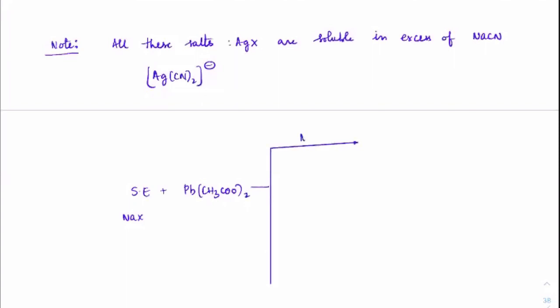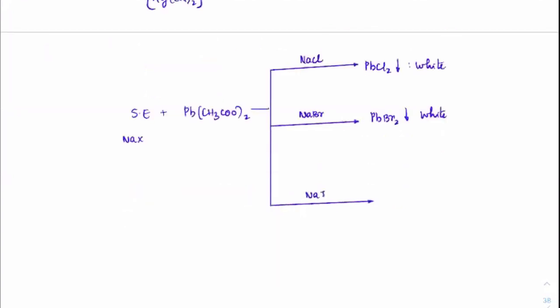If the sodium extract has chloride, it would become PbCl2 precipitate, which is white in color. Similarly, if we take NaBr, it will become PbBr2, which is also white in color. If we take NaI, it would become PbI2, which is yellow in color. Got it?